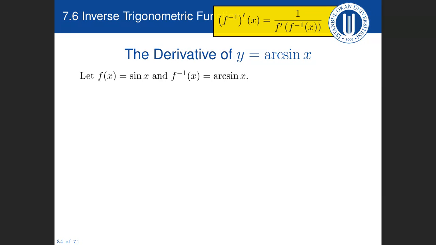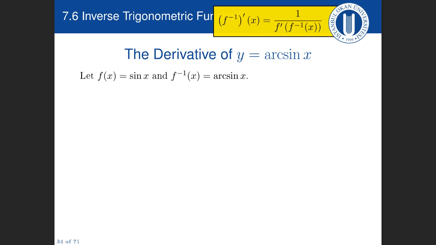And let me remind you of a formula from last week. Last week, we saw how to calculate the derivative of an inverse function. The derivative of f inverse is the same as 1 divided by f prime of f inverse of x.